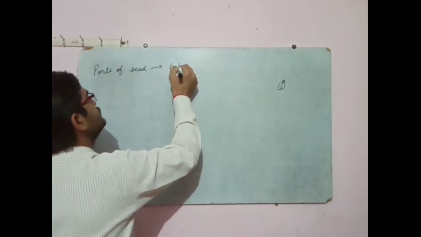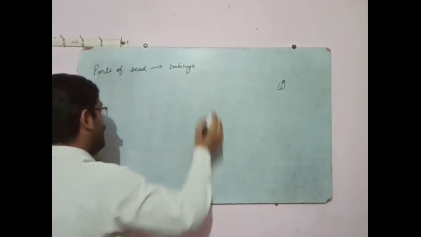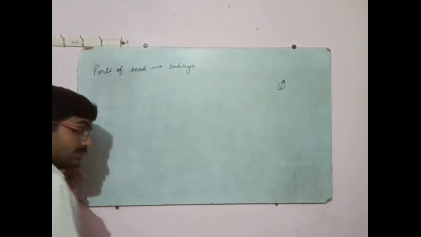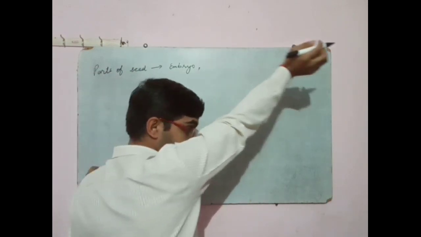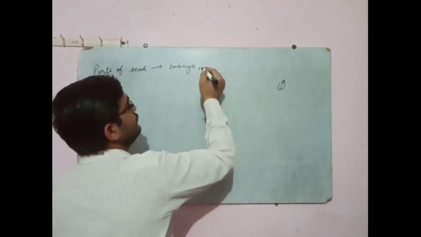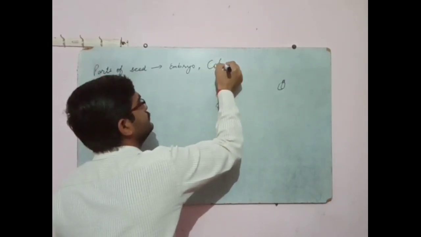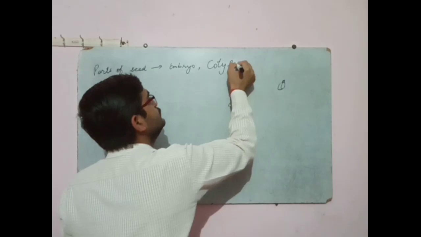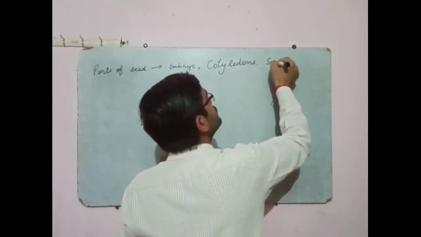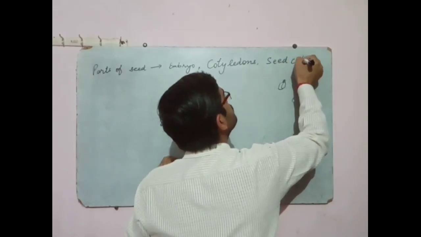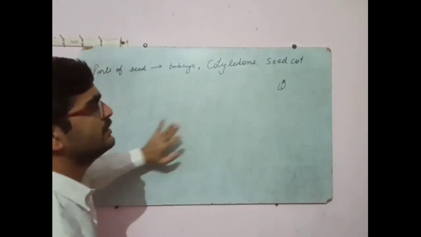embryo, cotyledons, and seed coat. These are the three main parts of any seed.